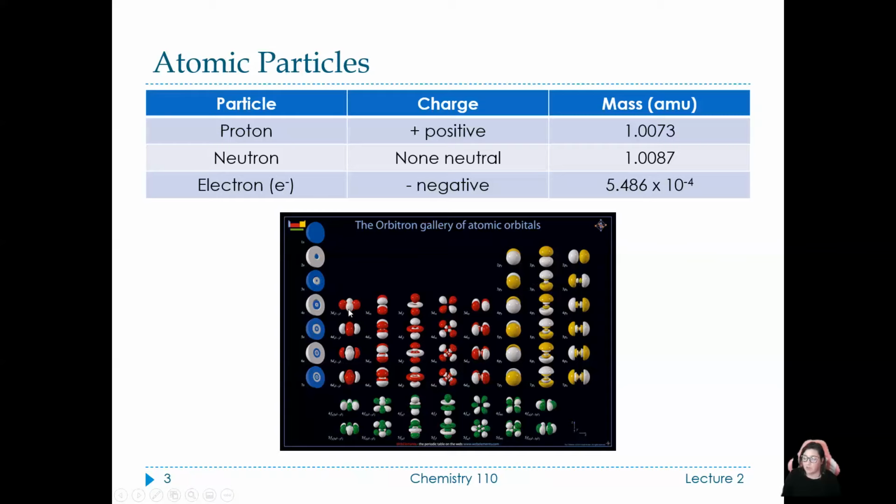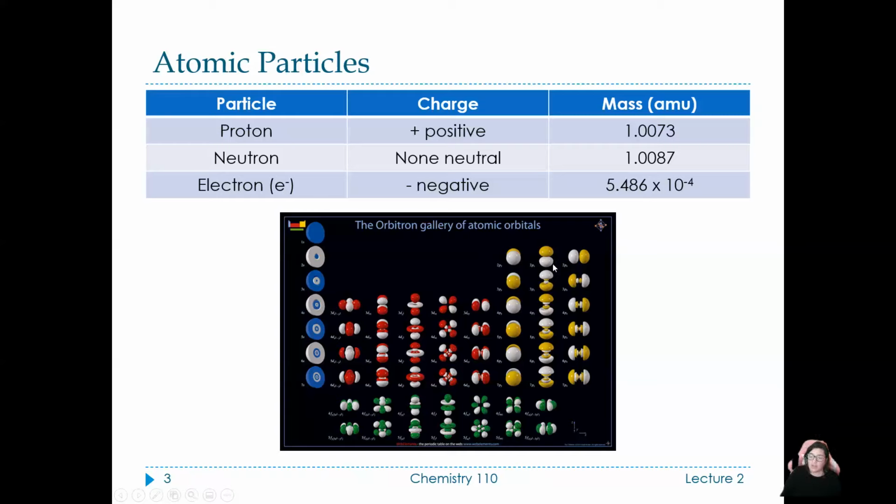4s, 3d, and then 4p. Now, you heard that right. So we have one orbital in the first row. It's 1s. There's nothing else. In the second one, we have s and p. Now, in the third level, we have s, p, and d.